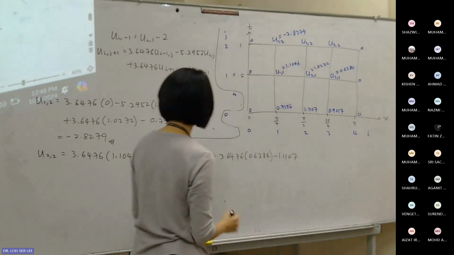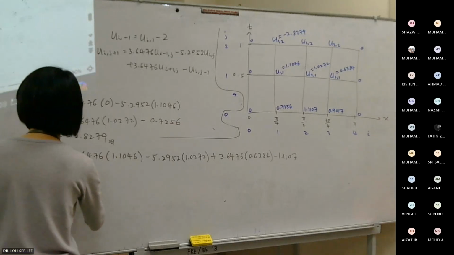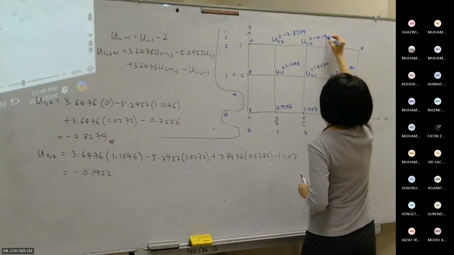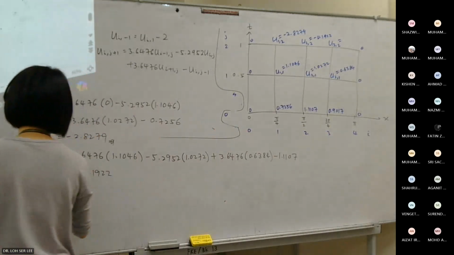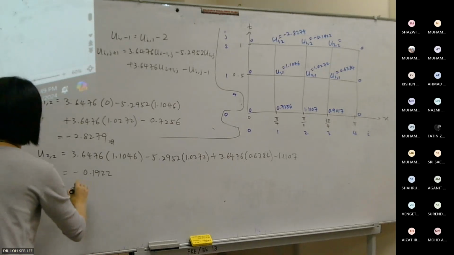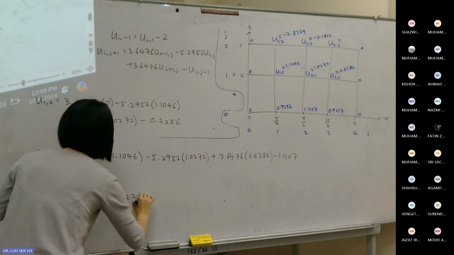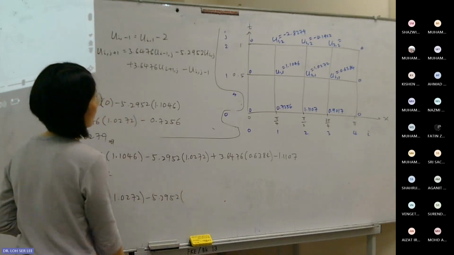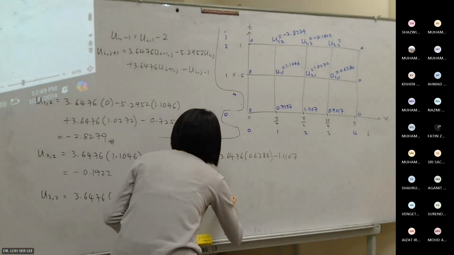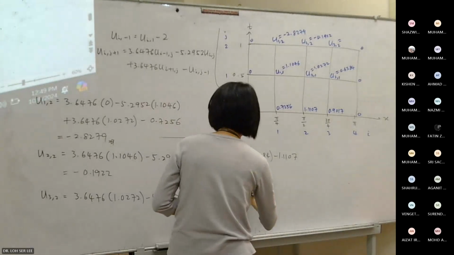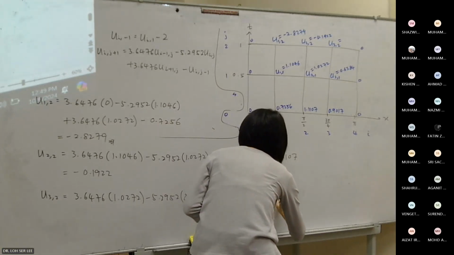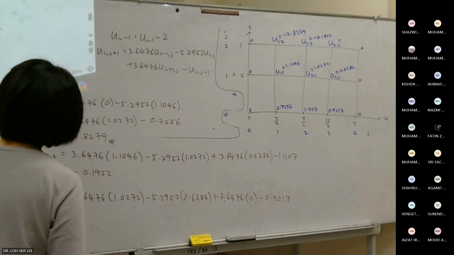Next one is 1107. U32 negative 0.1922. Last one, U32.